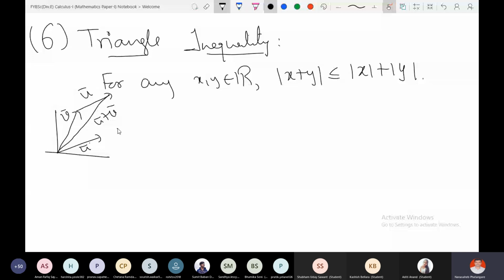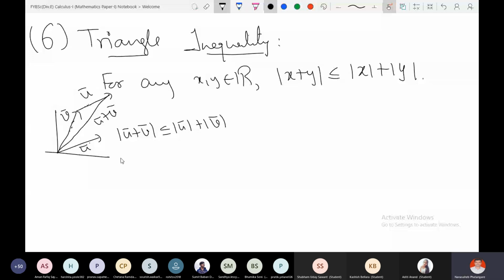Now, what is the length of u bar plus v bar, the magnitude of this vector? And if I sum the magnitudes of u bar and v bar, which quantity is bigger? The sum of the two sides, magnitude of u bar and magnitude of v bar. Right, very good. So the length of this vector u bar plus v bar is always less than or equal to the sum of lengths of these two vectors.